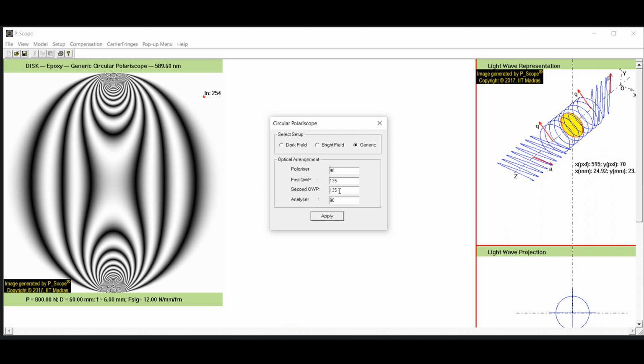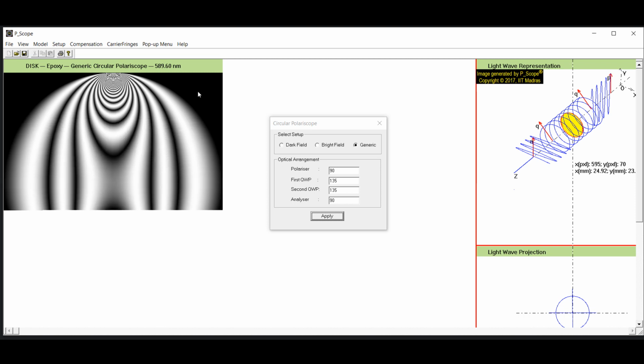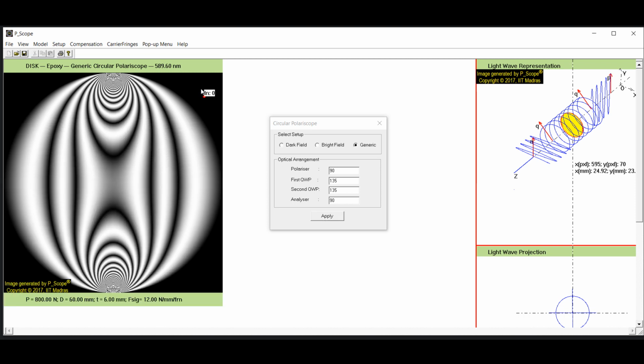Now, I can see that the place outside of the disk has essentially become dark because this is a dark field arrangement. This particular arrangement leads to a dark field configuration. So this is something I just wanted to show. This has been done based on Jones calculus only. So one could also attempt it this way. I hope that this is clear.